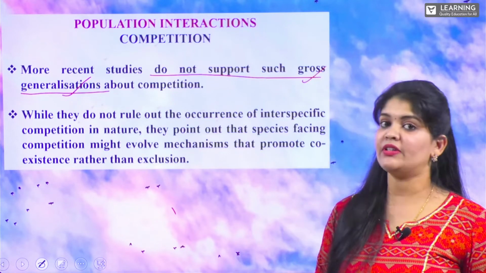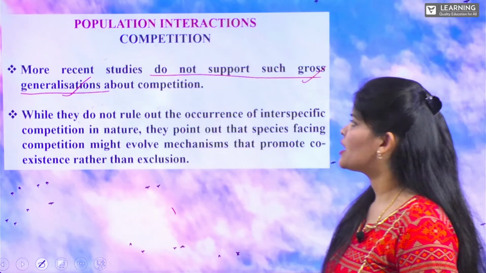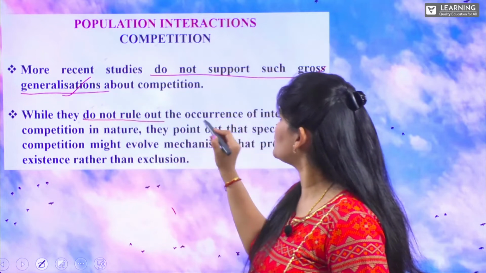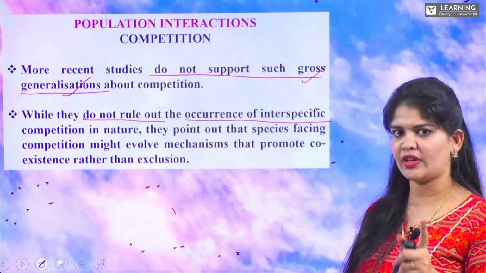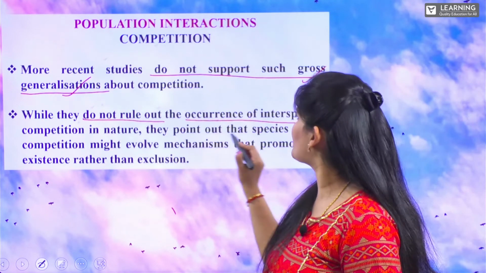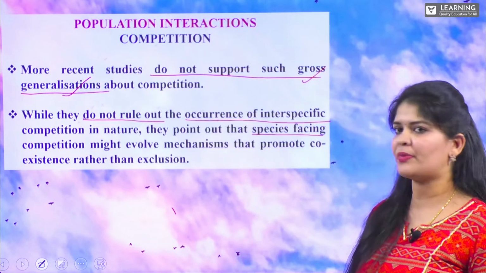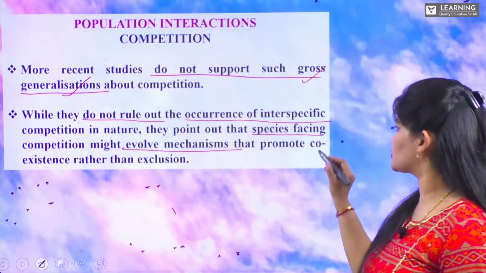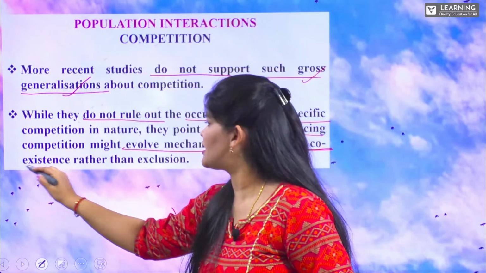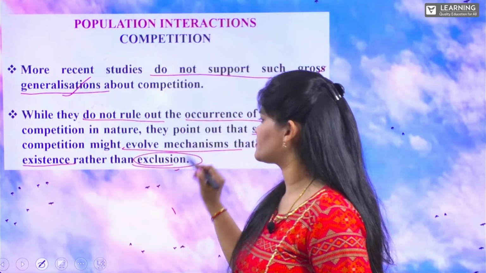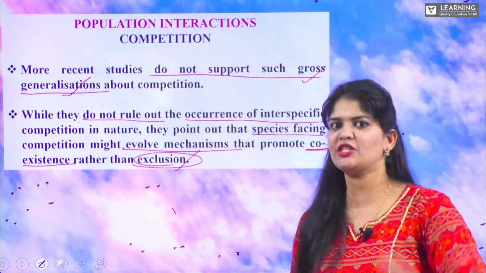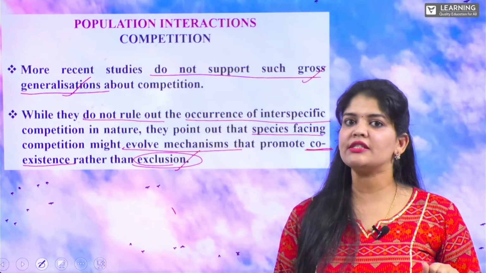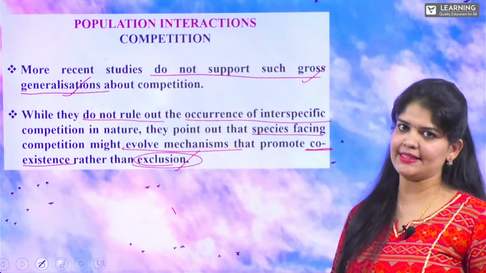But there is evidence of co-evolution. While they do not rule out the occurrence of interspecific competition in nature, they point out that species facing competition might evolve mechanisms that promote coexistence rather than exclusion. Rather than eliminating one species completely, there is evidence of existing coexistence.